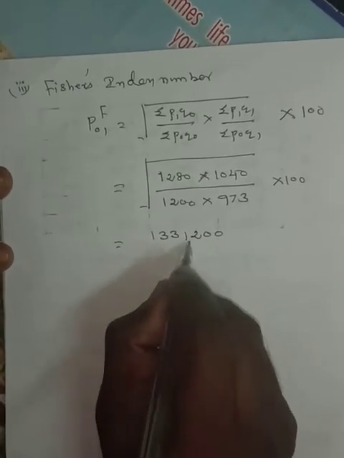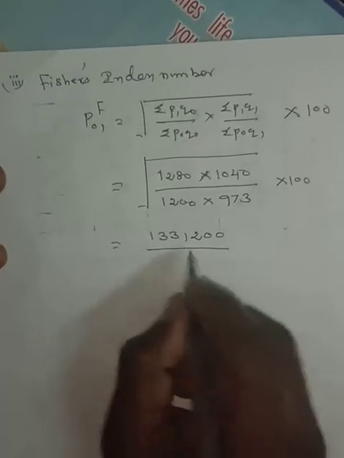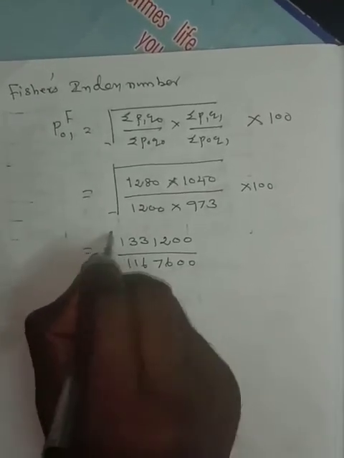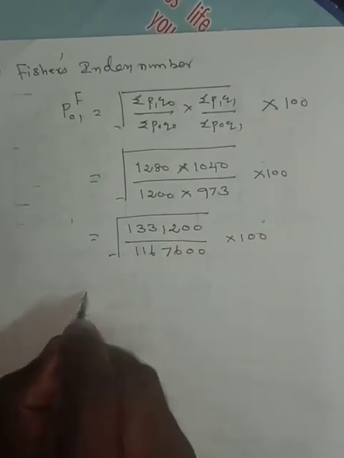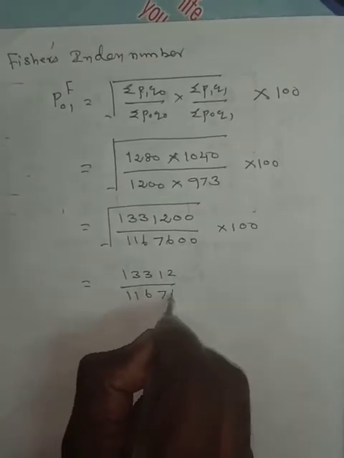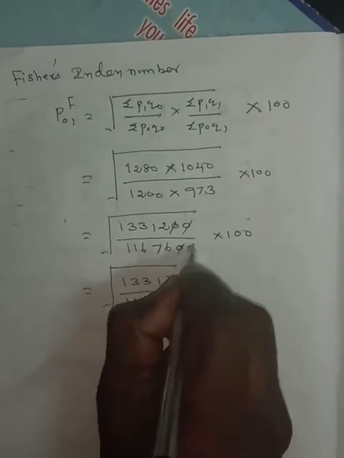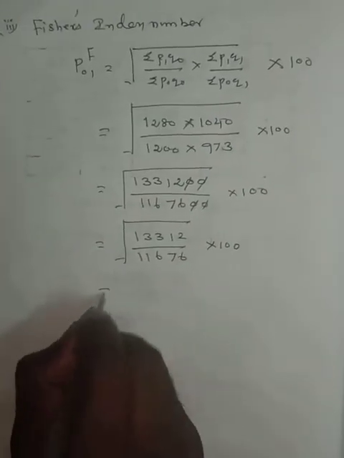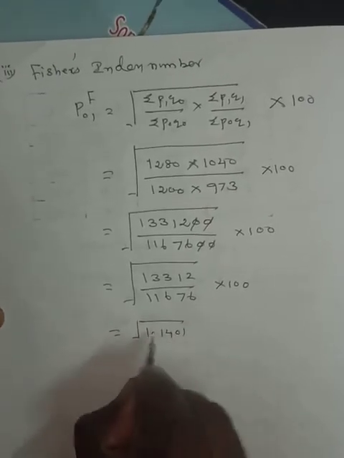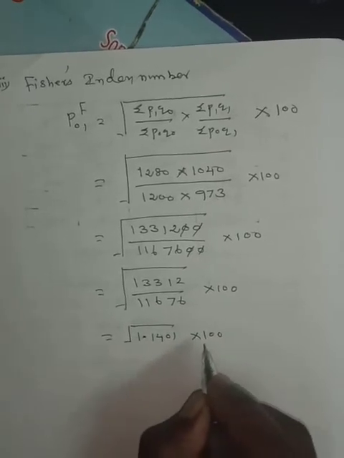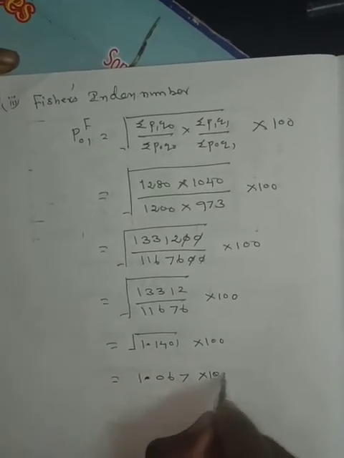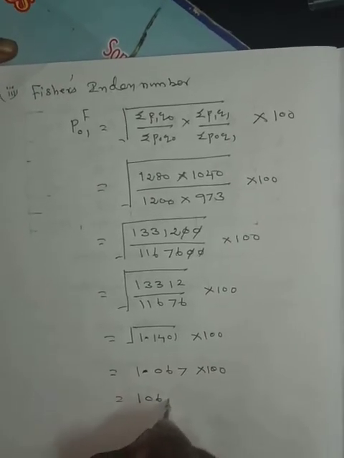1331200 divided by 1167600 into 100 is equal to 13312 divided by 11676 into 100, is equal to square root of 1.1401 into 100, is equal to 1.067 into 100, is equal to 106.7.